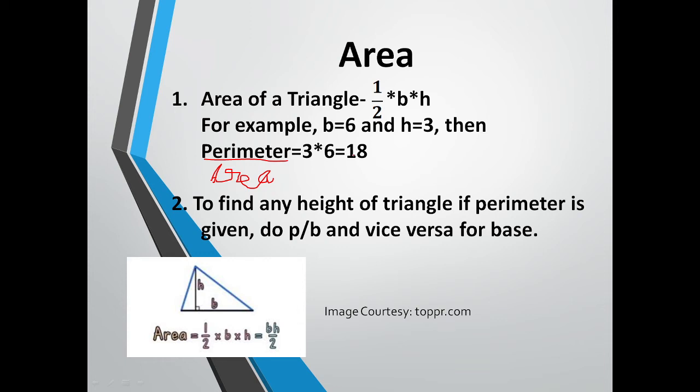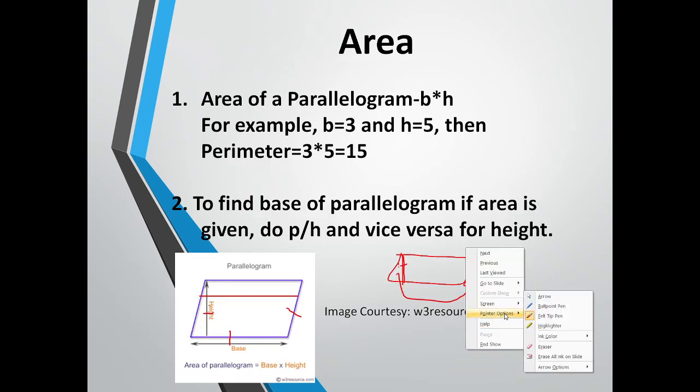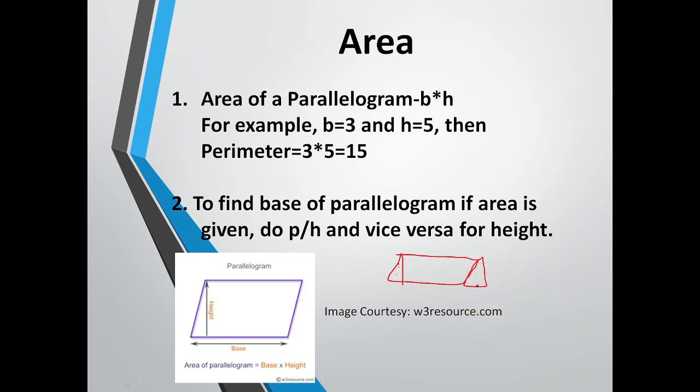Okay. So how did we derive this formula for the triangle? I'll go to the parallelogram. I'll erase all the ink. Okay, so see, this is a parallelogram, right? If we cut it in half, for example, this is the half.